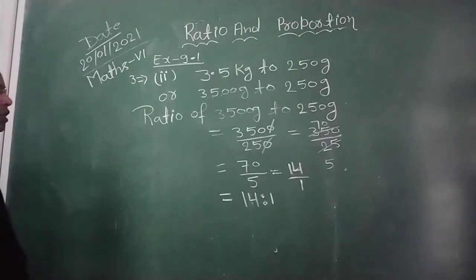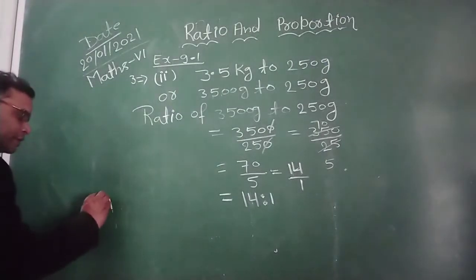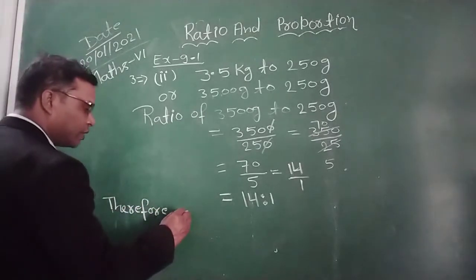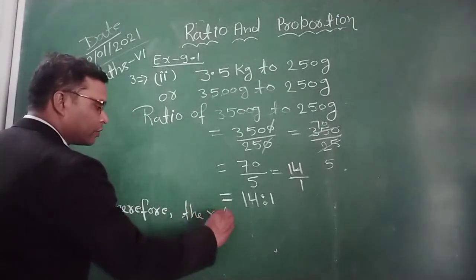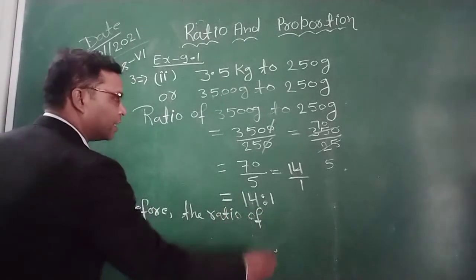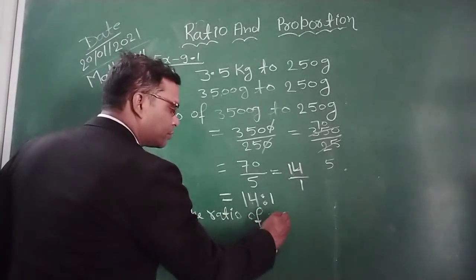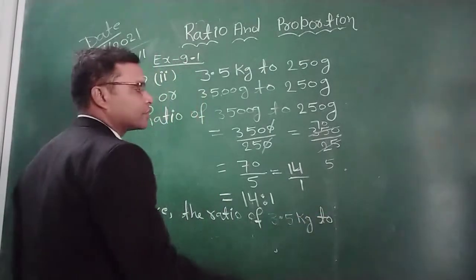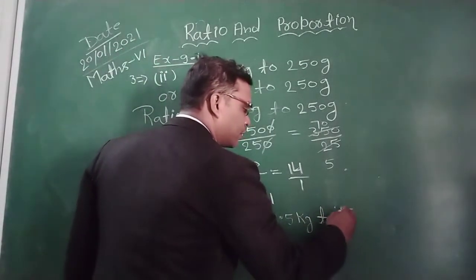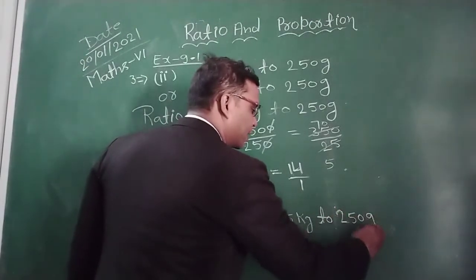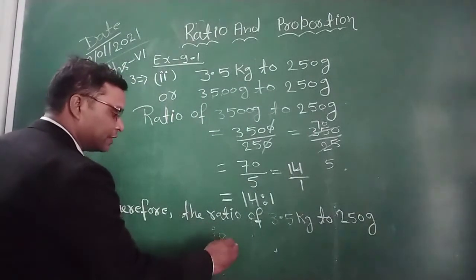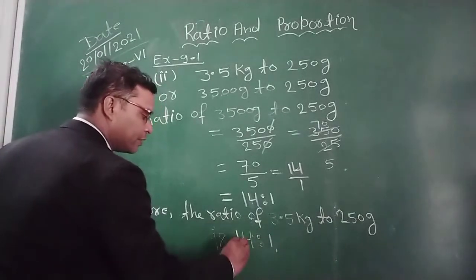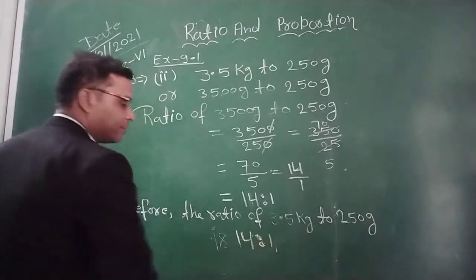At last, you can write, therefore, the ratio of 3.5 kg to 250 grams is 14 ratio 1.